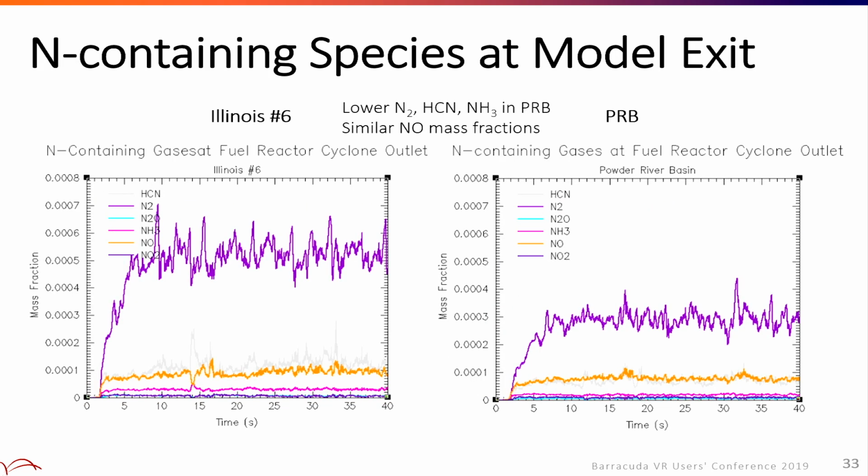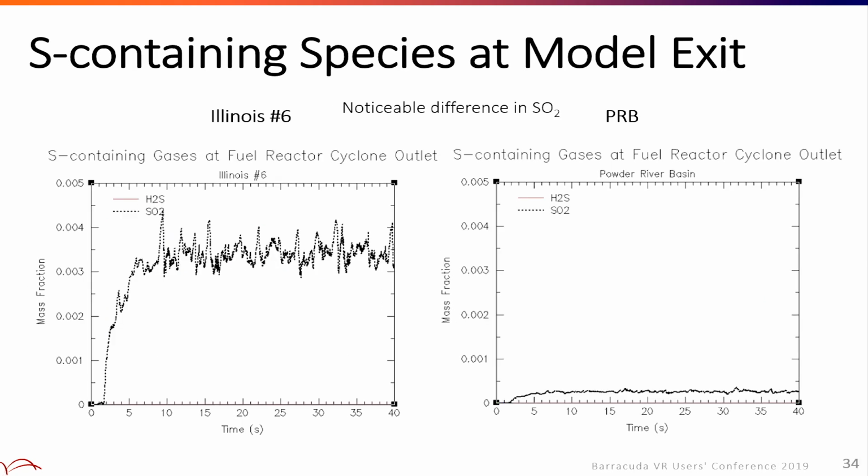For the nitrogen-containing species, the N2 is higher in the Illinois number 6. NO is slightly lower, and N2O and NO2 are similar. But the biggest difference would be SO2. Illinois number 6 shows a relatively higher value than the PRB. Of course, you start with a very high sulfur fuel.